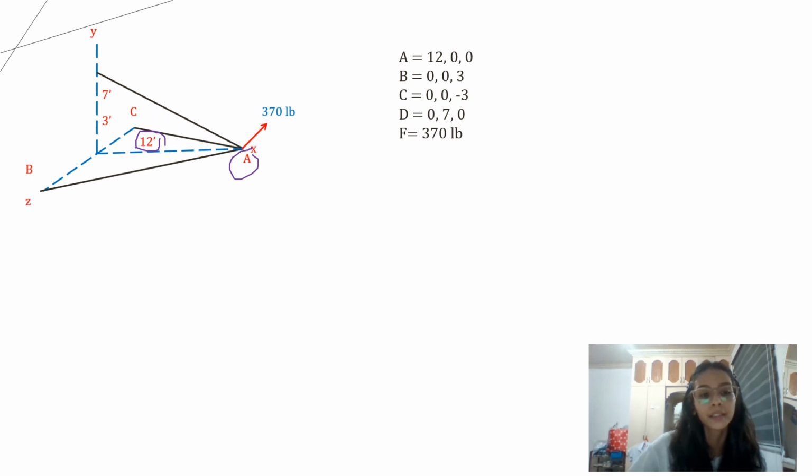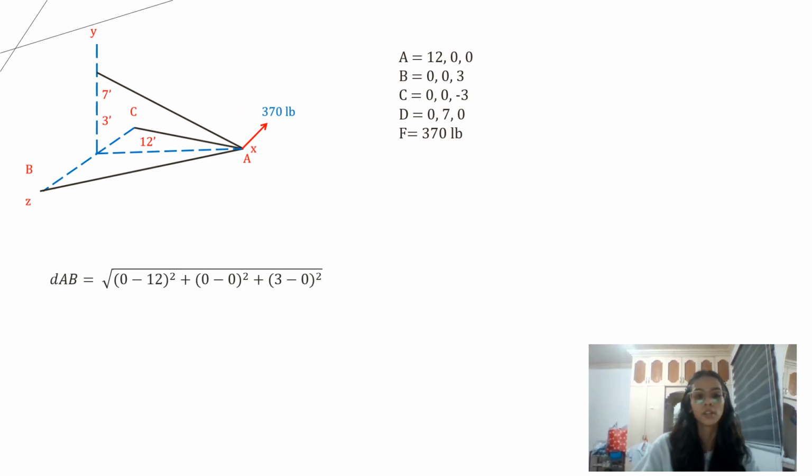Our B is 0, 0, 3. Then our C is 0, 0, negative 3, since it is downwards, it is negative. And our D is 0, 7, 0, and our force is 370 pounds.